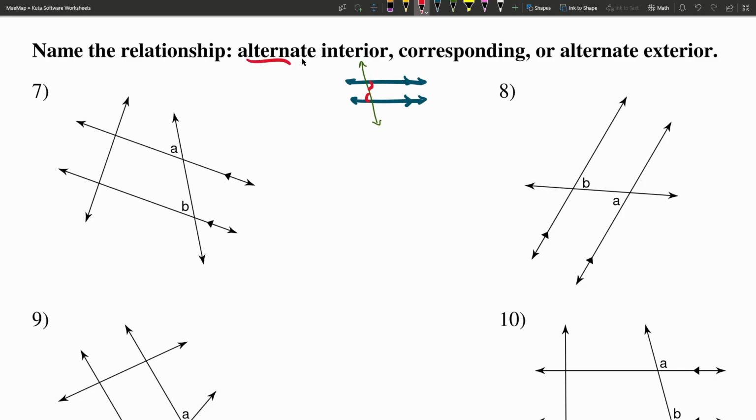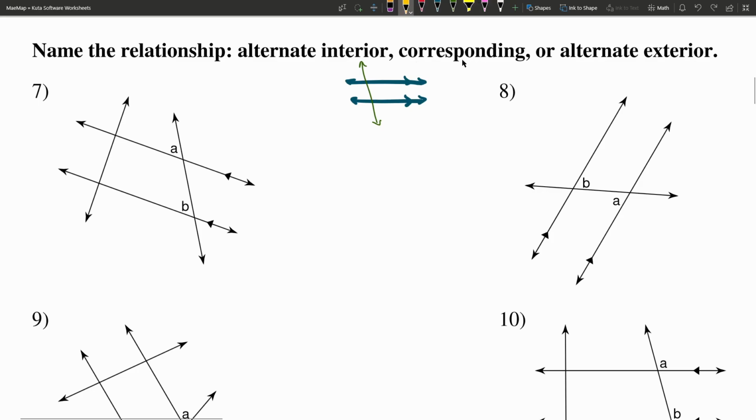Interior, alternate interior. So there's one other possible set of angles, and that's this angle here. So now we need to find another interior angle that's alternate or opposite, it would be here. Alternate interior angles. And just like corresponding angles, alternate interior angles are also equal in measure.